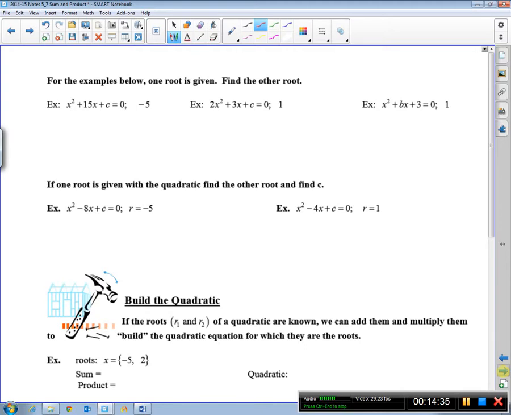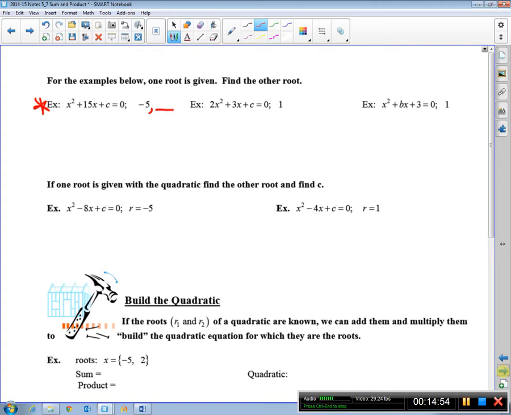So these examples now give us different information. For the examples below, one root is given. Find the other root. So in the first example, negative 5 is given. I need to find the other root.